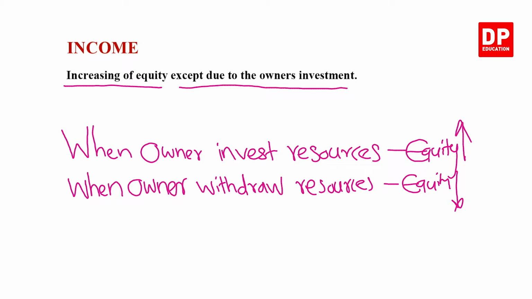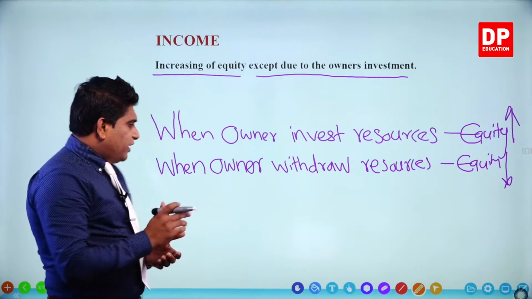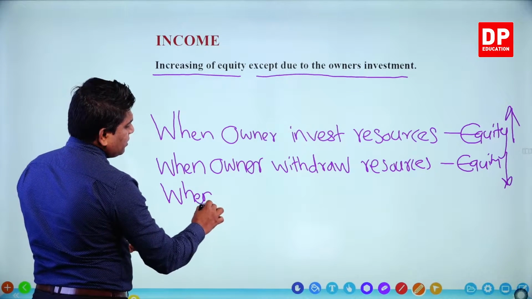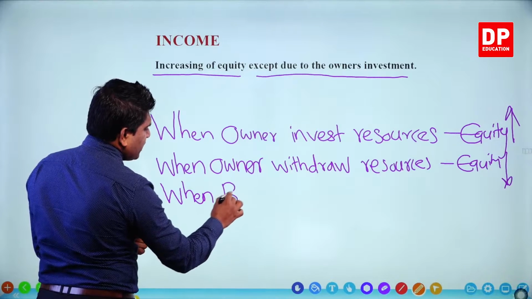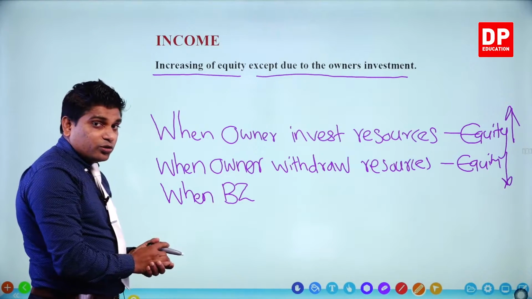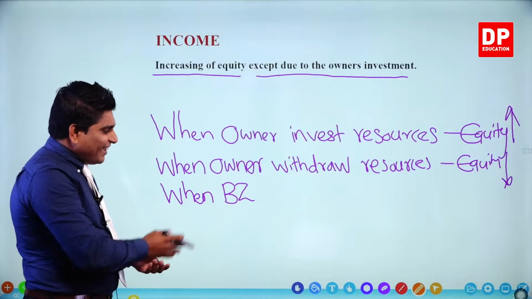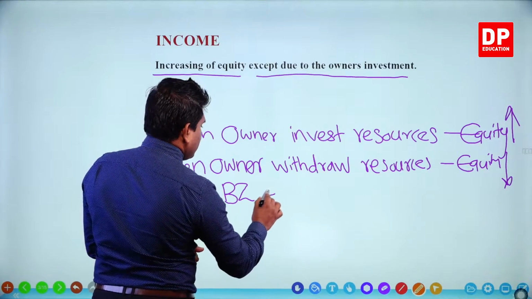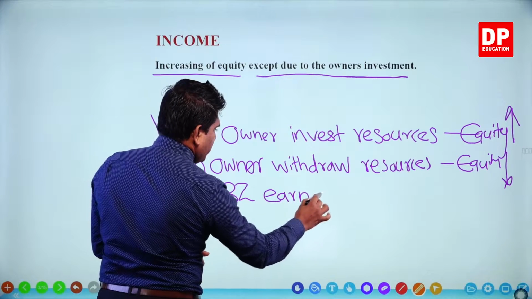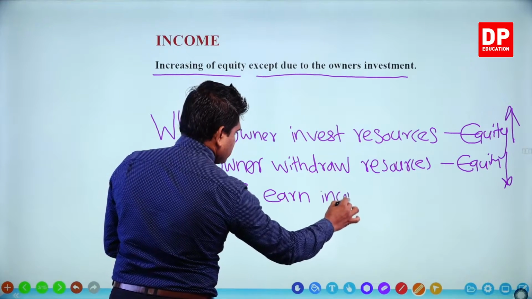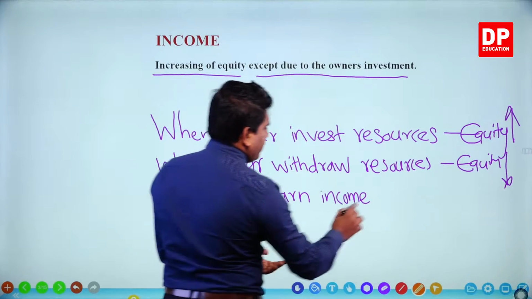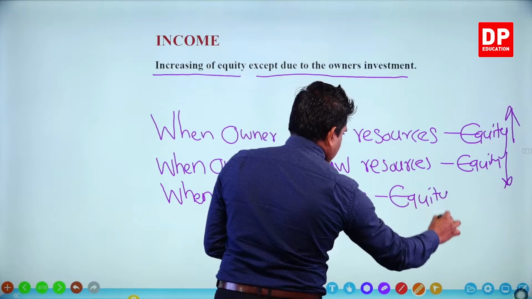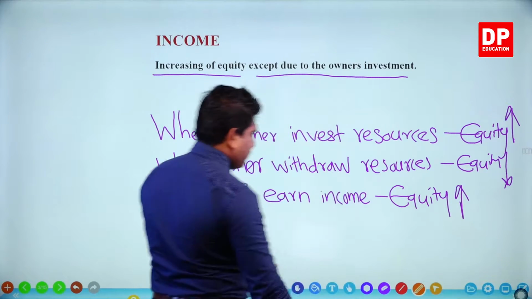Now, these are the two things. Then remember, when the business earns income, what happens to equity? Equity increases. You have learned all this in grade 10.